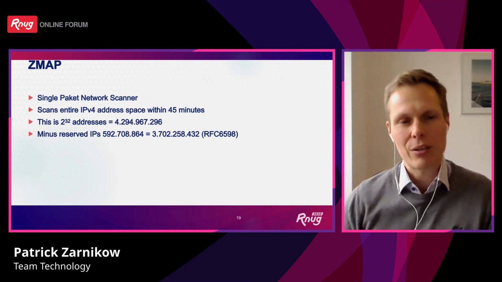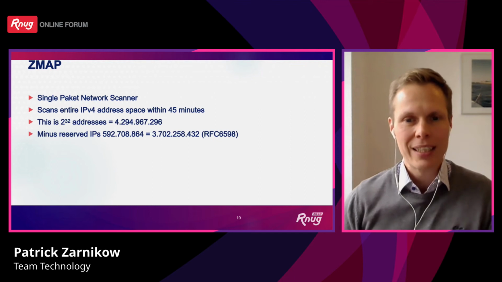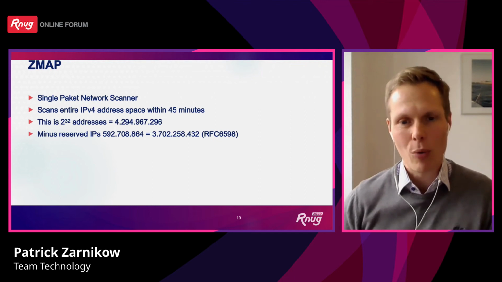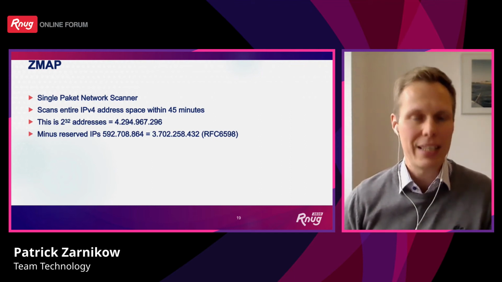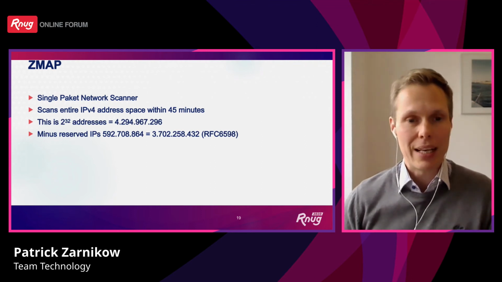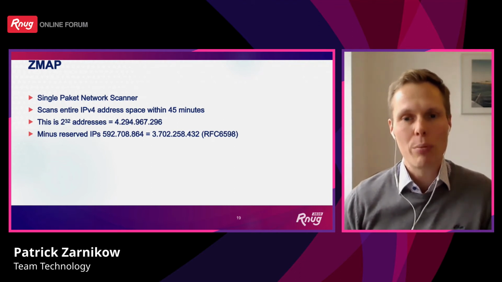Okay, we just take out the reserved ones for private networks, but then you still have almost 3.7 billion addresses that are scanned in this short amount of time. And I can even go ahead and scan every open port that is available using ZMap.